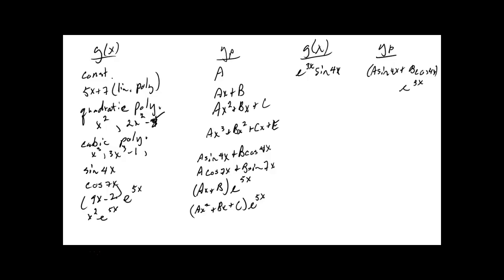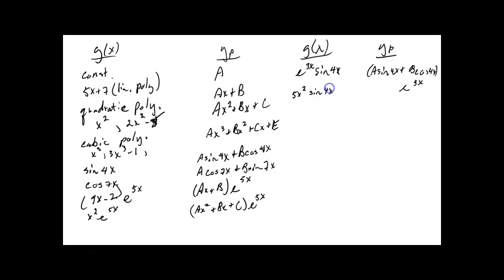Okay. Now, if you have a book, it's on page 146, bottom of the page. These are the various forms of g of x and what form your particular solutions would need to be to match that. What if you have a 5x squared sine 4x?